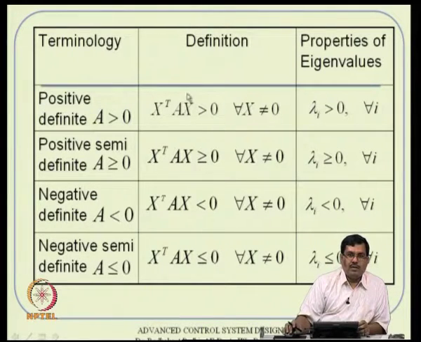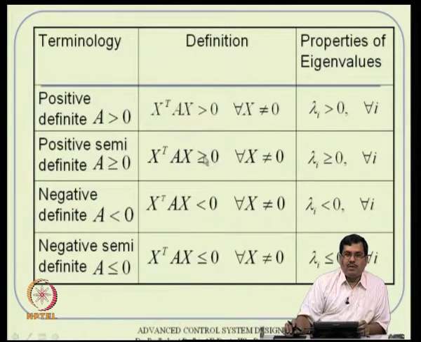This is obviously a scalar quantity, and this is for square matrices. If I take any square matrix and multiply with an appropriate dimension vector x to the right and x transpose to the left, for any non-zero x I take, I do not care about the magnitude, I am guaranteed to get a positive number. That is called a positive definite matrix.